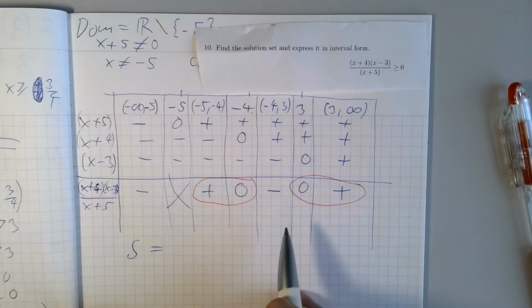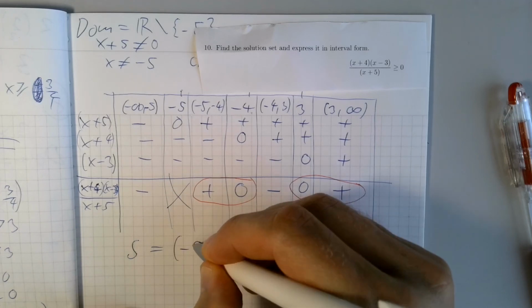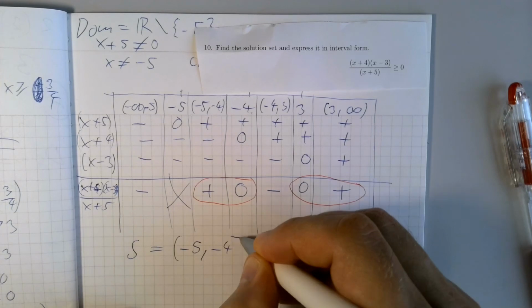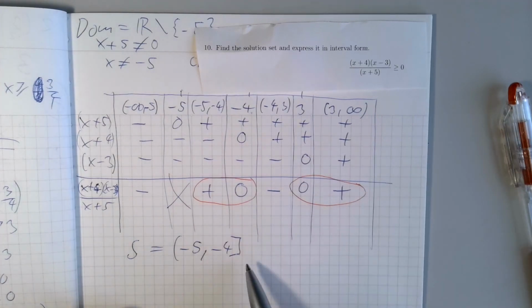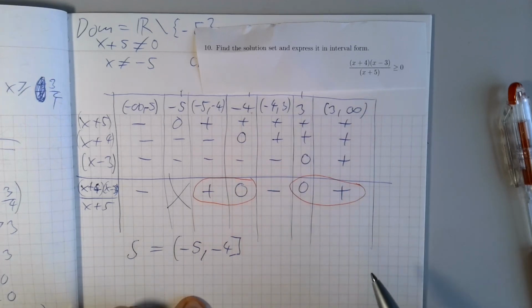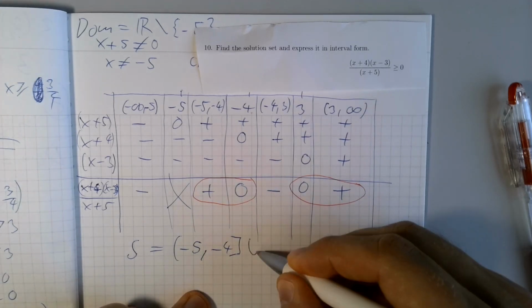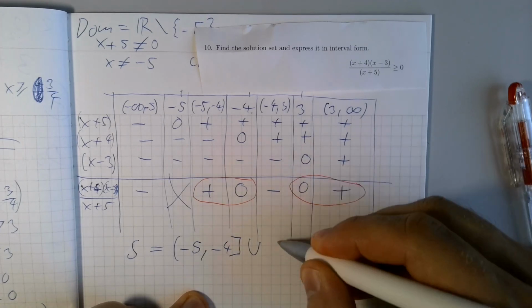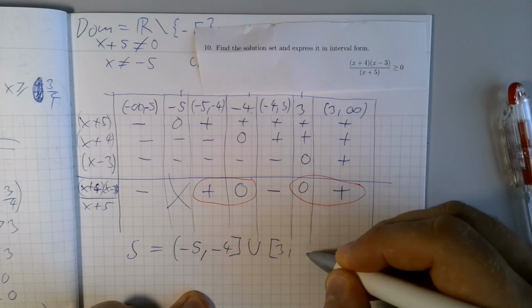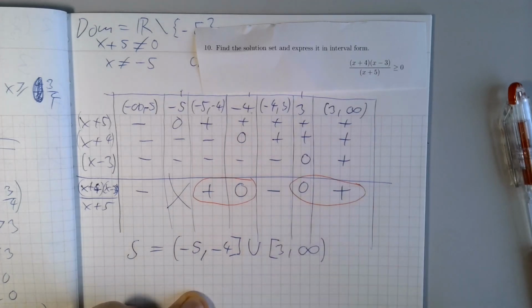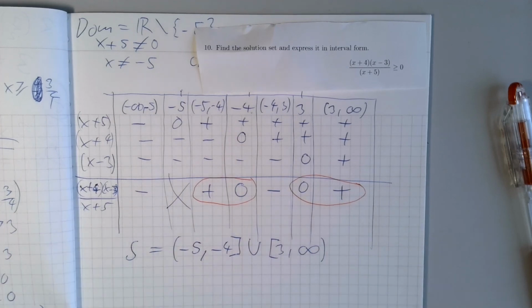We don't include negative 5, it's not even in the domain, but negative 4 we include because that's 0, and 0 is allowed. Then I take the union. The solution set has two distinct parts, and we go from 3 up to infinity. And that solves problem 10.